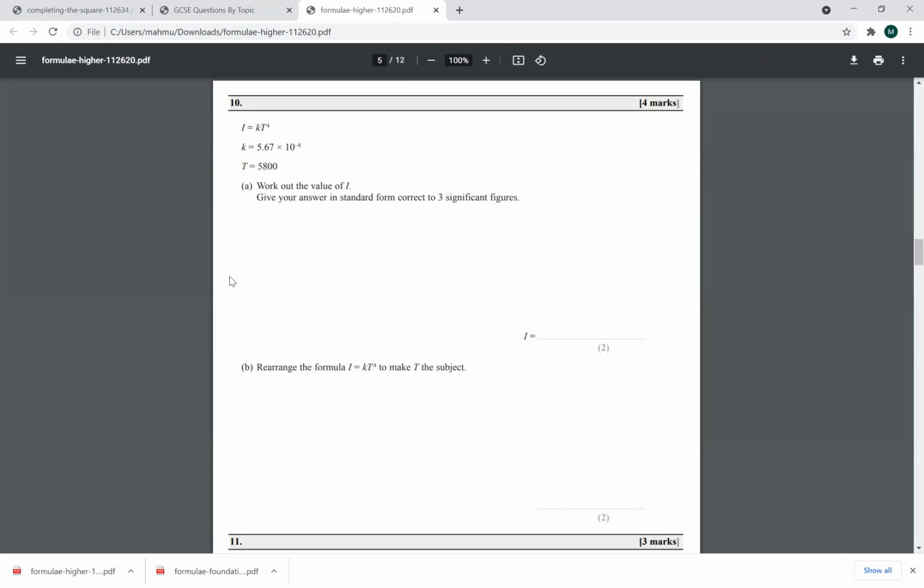So do I simplify it? First, what we'll do is write this down in standard form, then times it by 5.67 times 10 to the power.